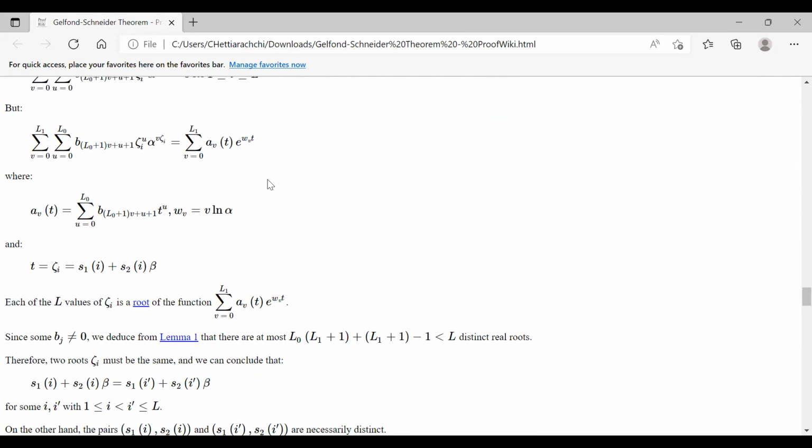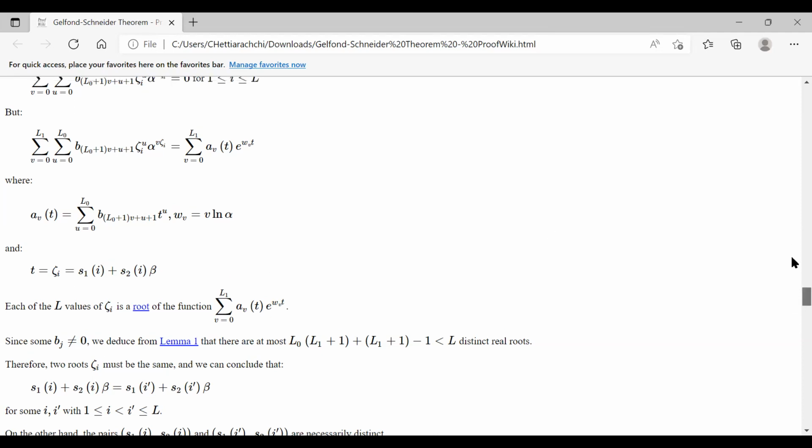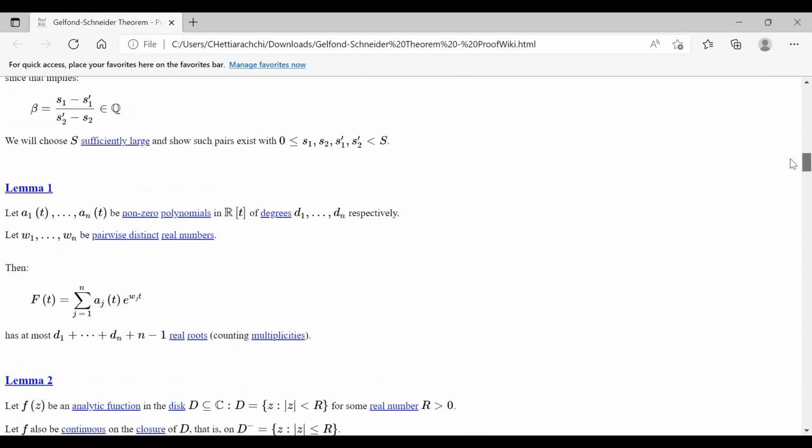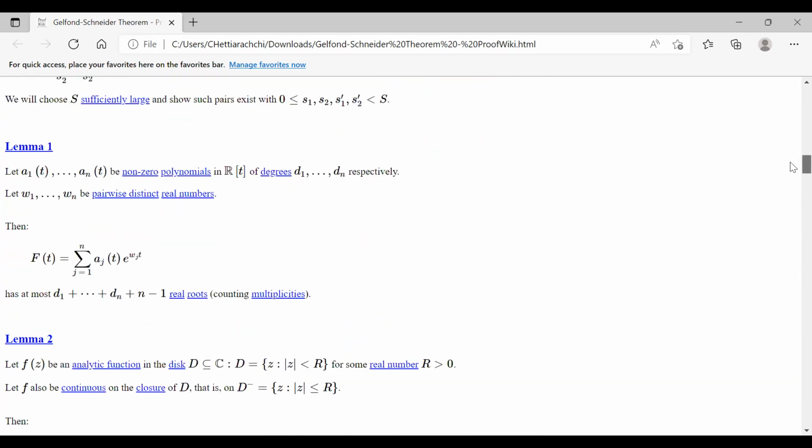Okay. So we know that if you apply lemma 1, what we have is this function right here. If you go to lemma 1: if you have A_1 through A_n(t), non-zero polynomials in R[t], having degrees d_1 to d_n respectively, and if w_1 through w_n are pairwise distinct real numbers, then this function f(t) has at most d_1 plus ... plus d_n plus n minus 1 real roots.